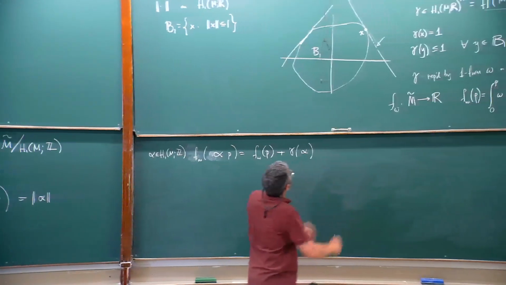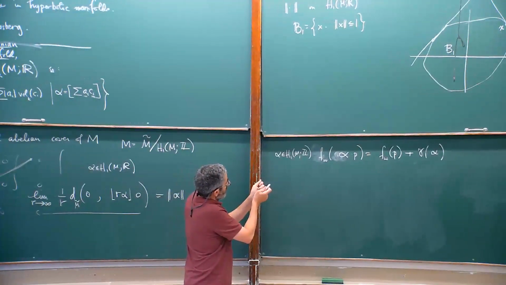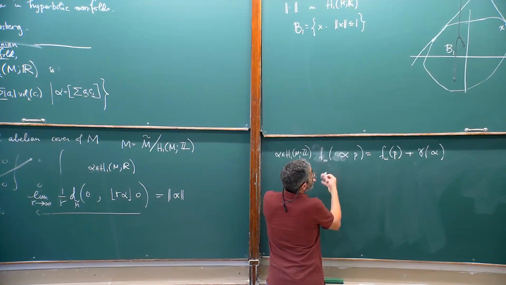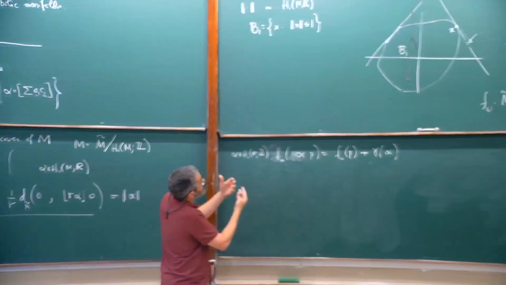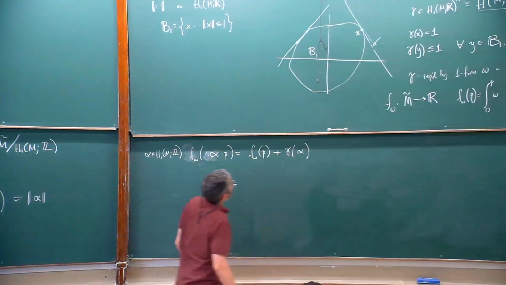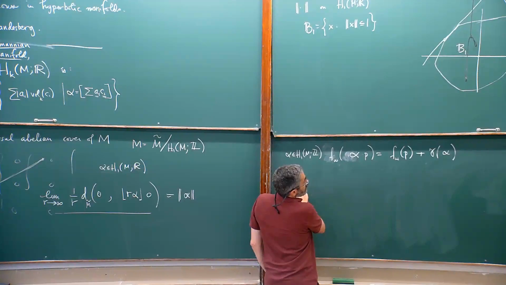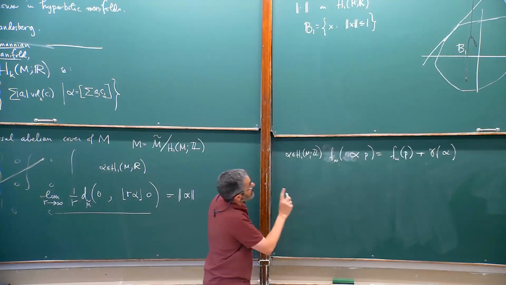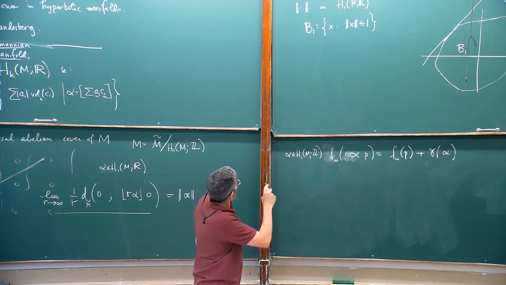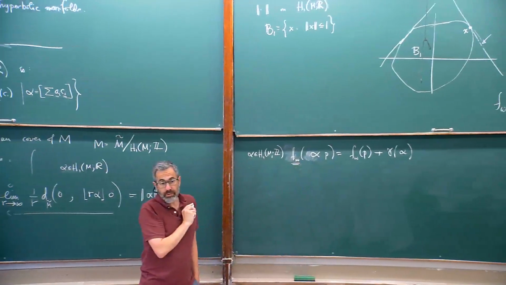There's nothing particularly new in this story, but I want to point out that we have this map that somehow is supposed to see the fact that x has norm 1, but it's not yet clear how it sees it. So f is the map that I want to ask whether it's a Lipschitz map or not.